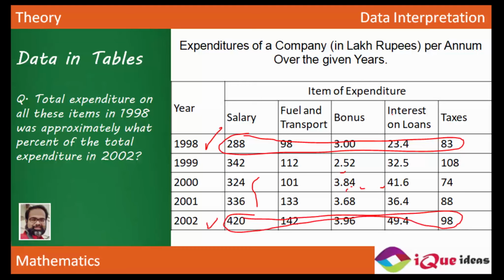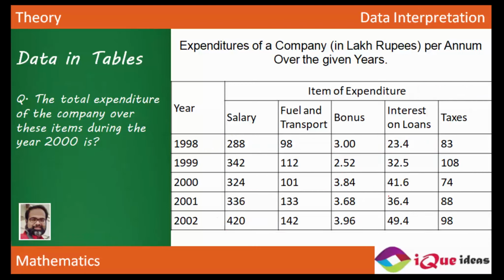Now let us assume that this total worked out as X and this is Y. So the question is, X is what percentage of Y? That means out of Y, if I have X, out of 100, how much? So 100X divided by Y would give me the answer to this particular question. I leave the exact calculation up to you.